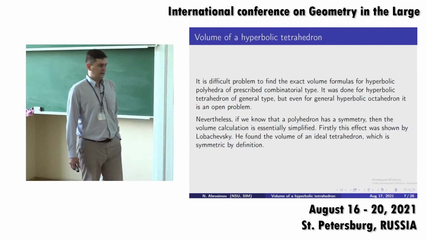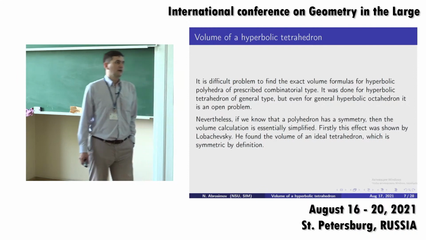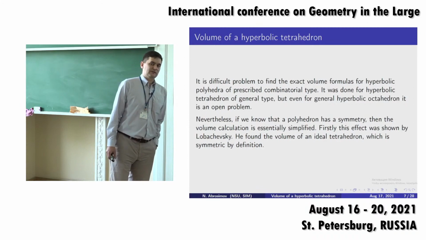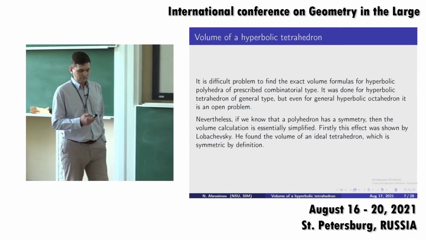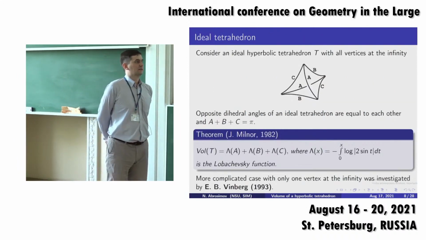We can say that, firstly, this effect was shown by Lobachevsky. He found the volume of an ideal tetrahedron, that is a hyperbolic tetrahedron with all vertices at infinity. So consider an ideal hyperbolic tetrahedron.